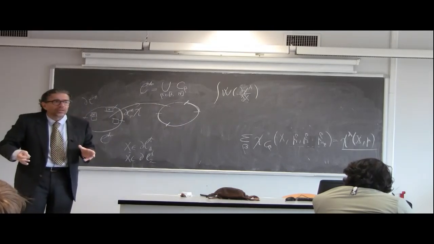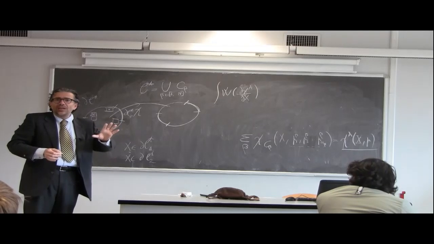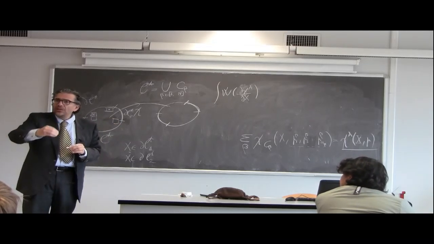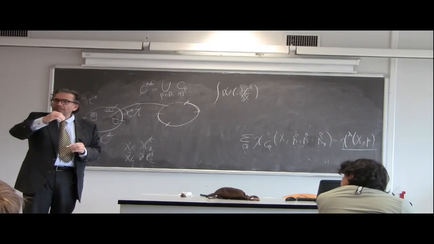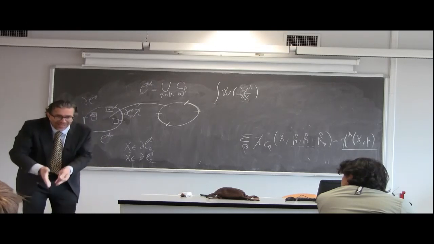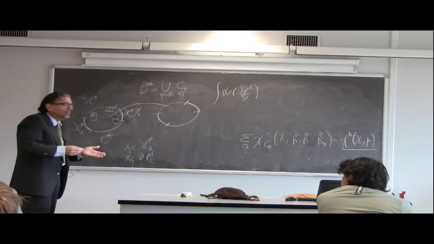So what you are doing? You take your energy functional and you plug in your piecewise polynomial approximating function. Now, in this moment, you understand why I must be very careful.